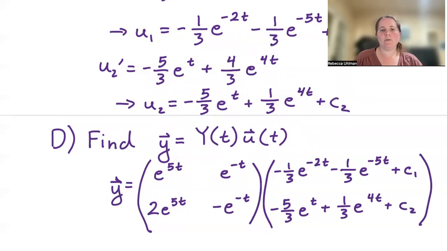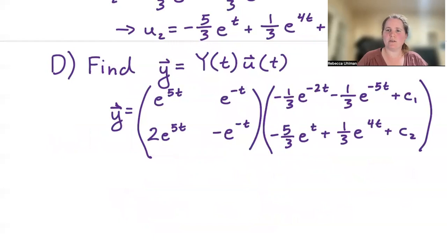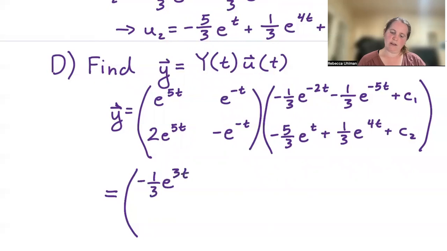Note that plus c1 will simply multiply our first column. The plus c2 will multiply our second column, and that is just our homogeneous solution there. So we will have e to the 5t times negative 1/3 e to the negative 2t would be negative 1/3 e to the 3t. E to the 5t times negative 1/3 e to the negative 5t would just be a minus 1/3.